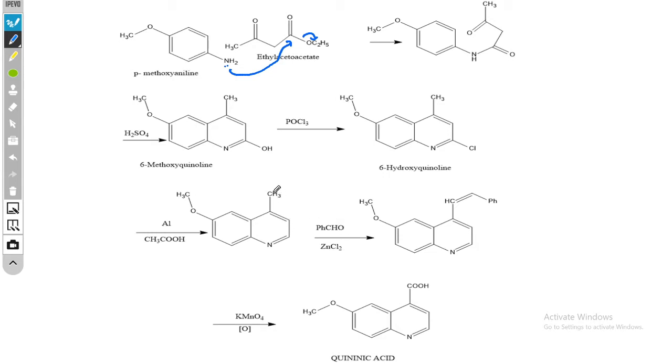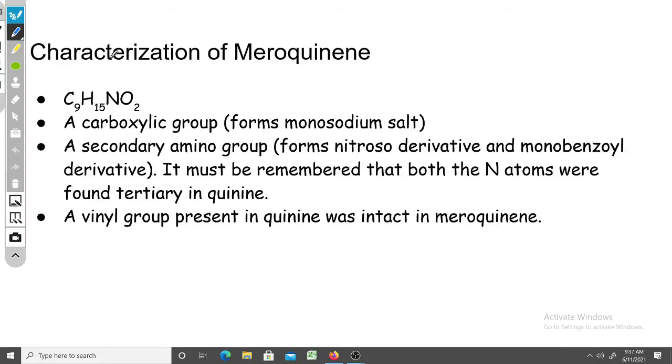Here this O and 2 H are eliminated, and we have a double bond. Then it is oxidized, and this bond is ruptured, and this part will become the acid, and this part is removed. Okay, so the structure of quininic acid is obtained. So this structure and the previous structure are compared, and it is found that the structure of quininic acid is like this.